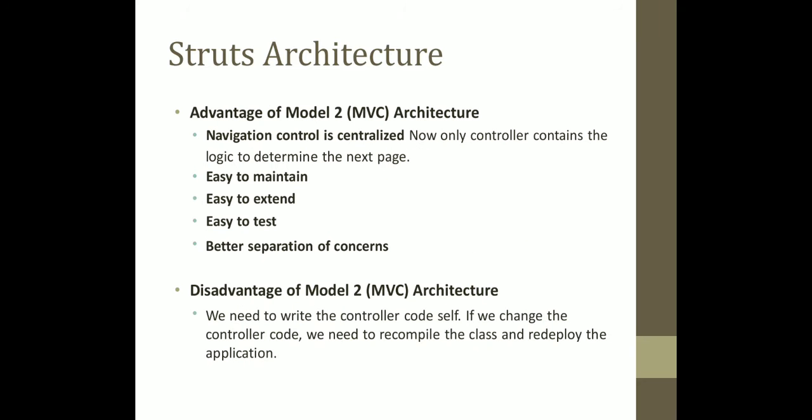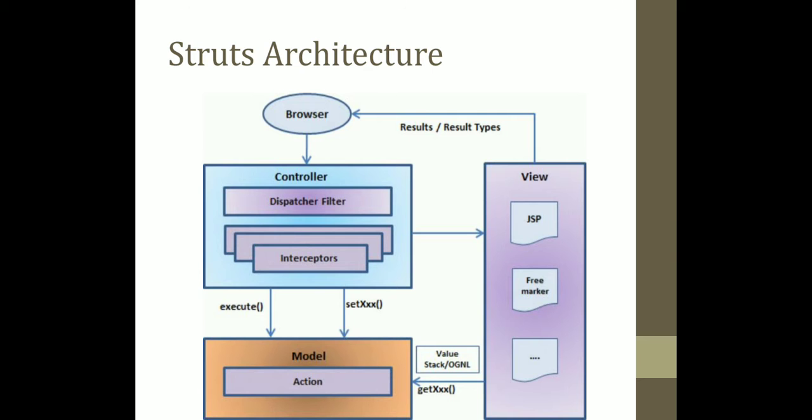Then the advantages of Model 2 MVC architecture include that navigation control is centralized, so not only the controller contains the logic to determine the next page. Here we can see all parts have the same importance.